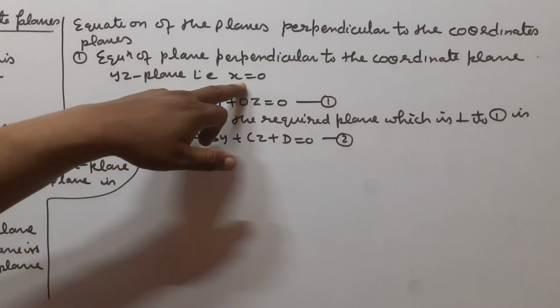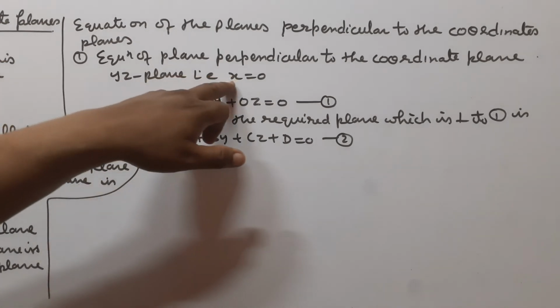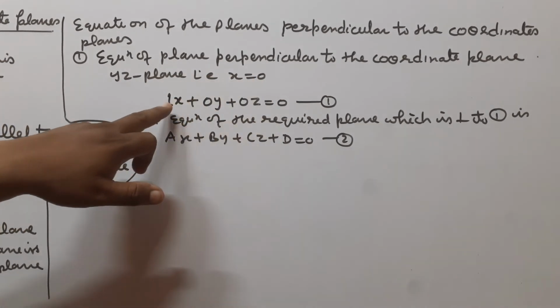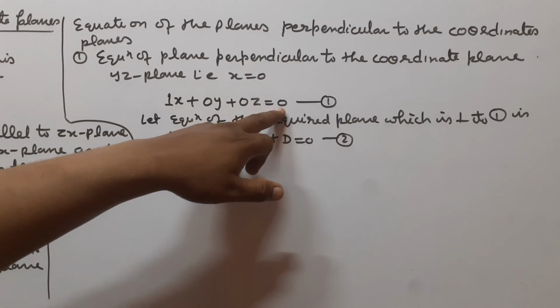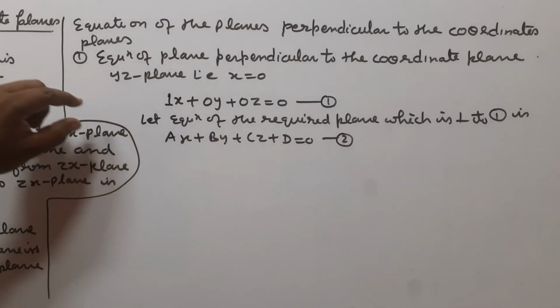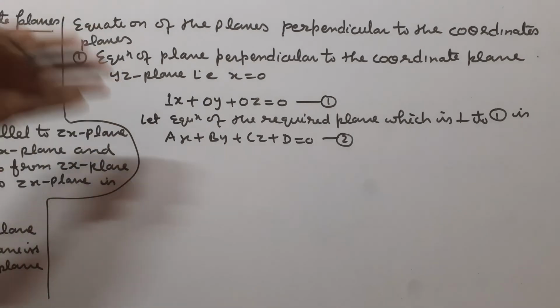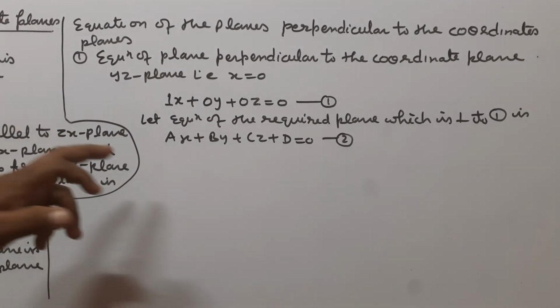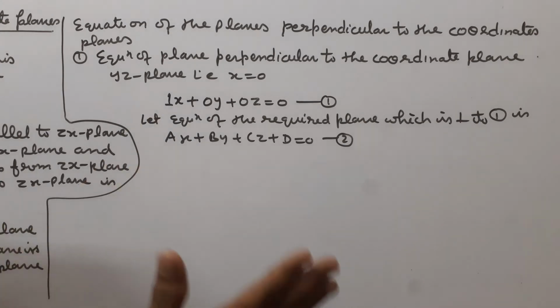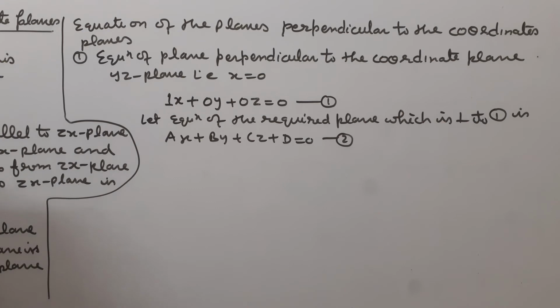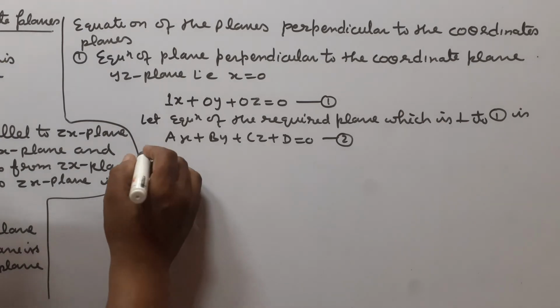So if the two planes are perpendicular, their normals are also perpendicular.